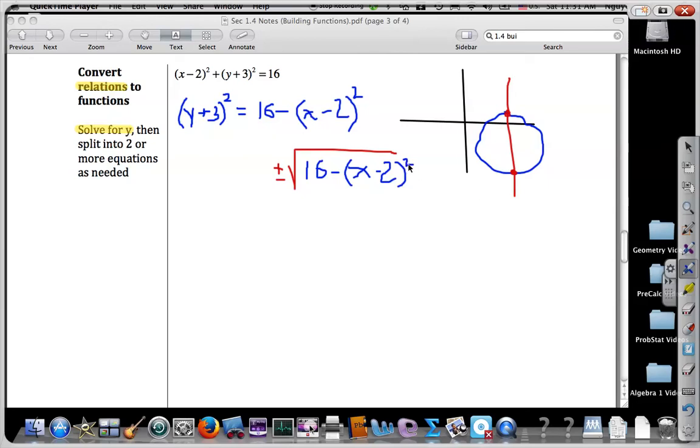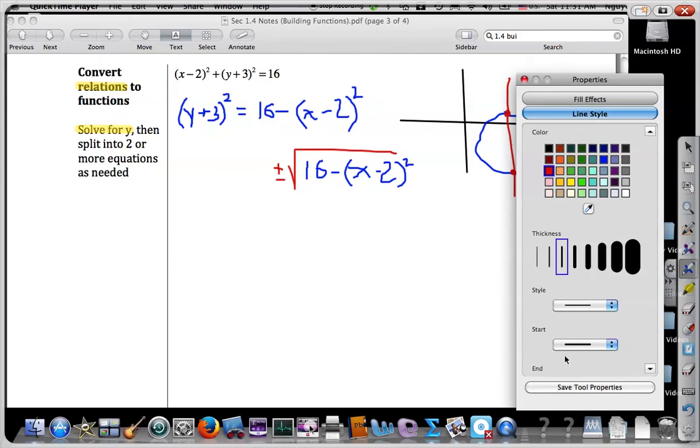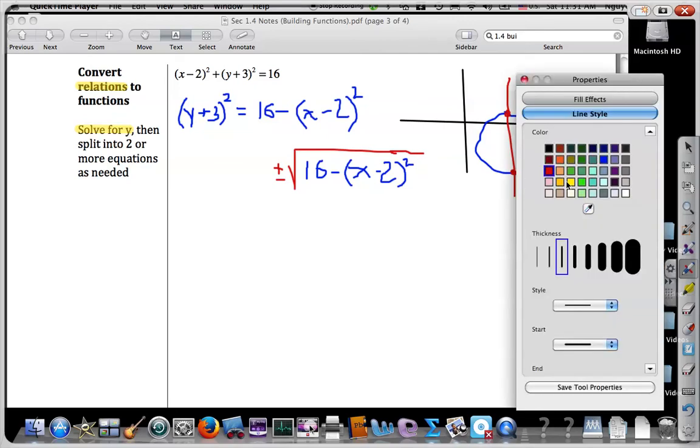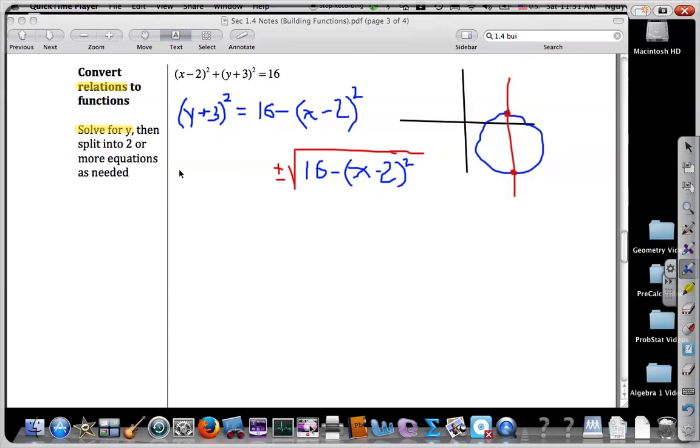And let's be careful because this entire thing has to be inside the square root, so I'm going to extend my square root symbol just a little bit so it becomes very obvious that everything there falls within the square root. And on the other side, I just have y + 3. So I've taken the square root of both sides.